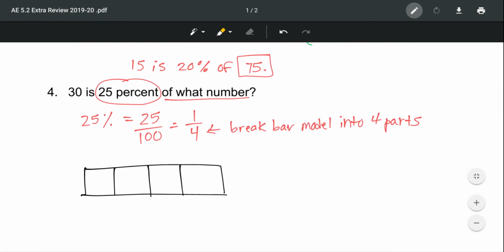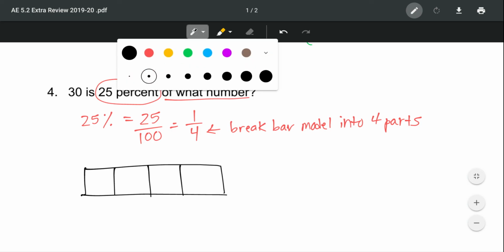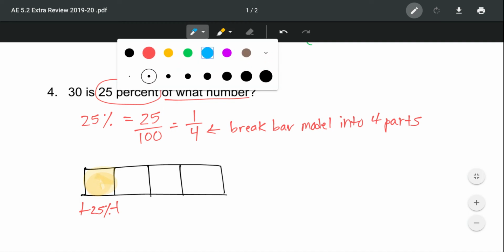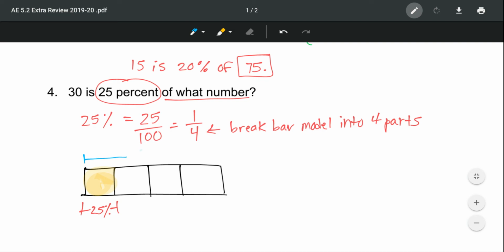Let's label our 1/4 as 25%. So 25% is one of these fourths. And then we're trying to figure out the total value of our bar model, because that's what it said, of what total.